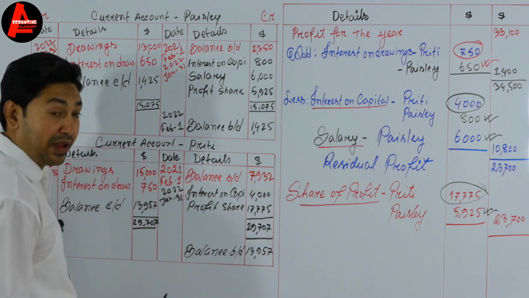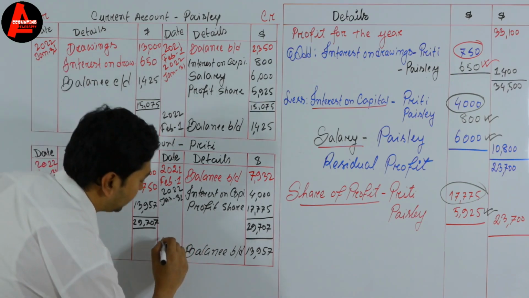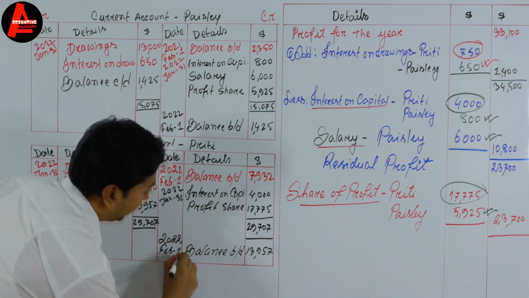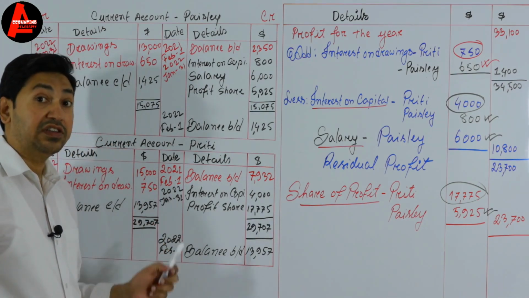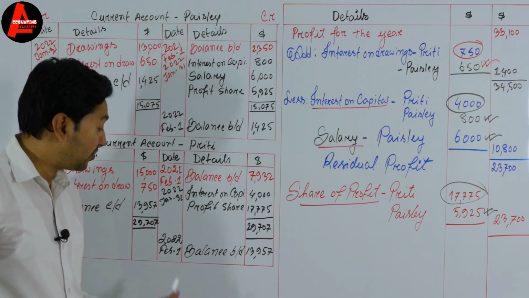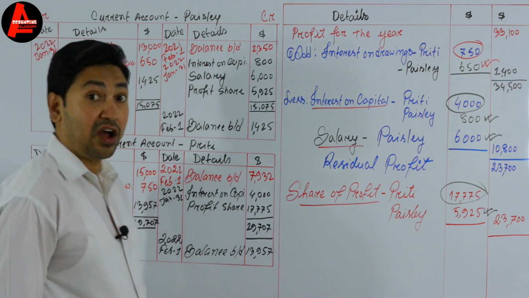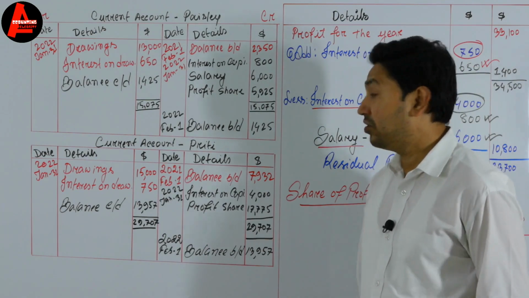The date for balance BD is the first day of the next financial year, that means 2022 February 1st. Why February 1st? Because the financial year ends on 31st January 2022, so the new one starts on 1st February 2022. So this is how we prepare the current account and balance it.